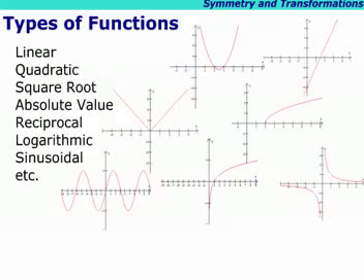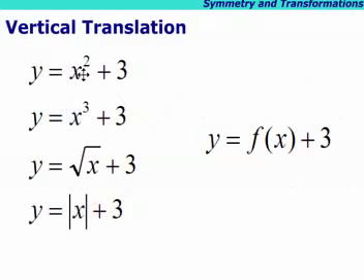Now when I look at the equation of each of these, I start to see some similarities. For example, here's the quadratic function, a cubic, a square root, and an absolute value function. If I add 3 to the end of each of these, the graph changes in a very common way. So rather than talking about each function individually, we'll talk about them generally.